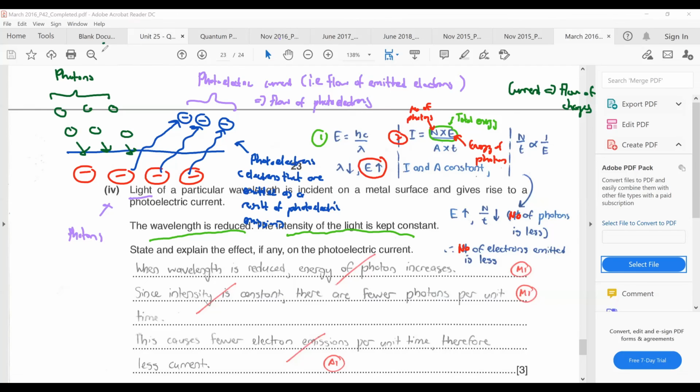If you're talking about intensity, I is E total over area times T, which is N times E over T times A. Usually we talk about intensity for photons.